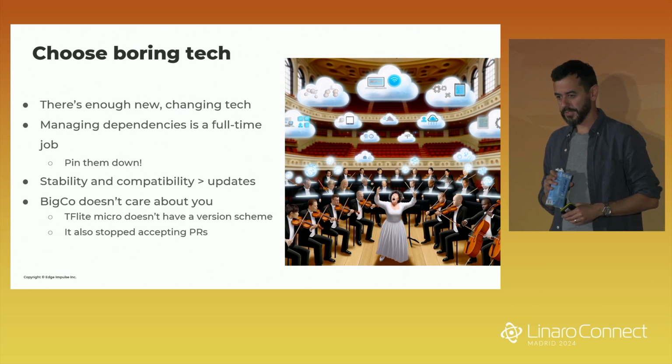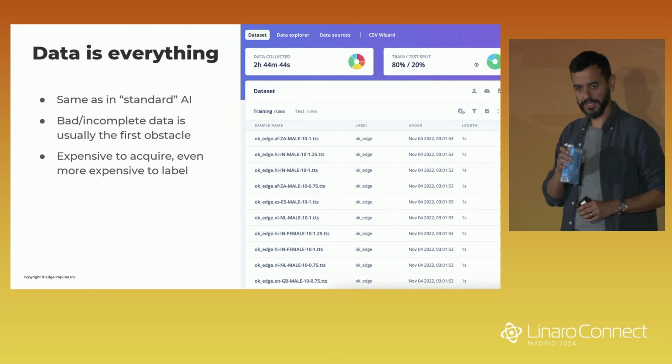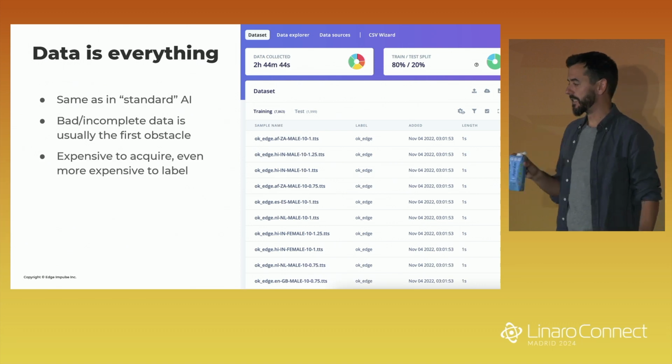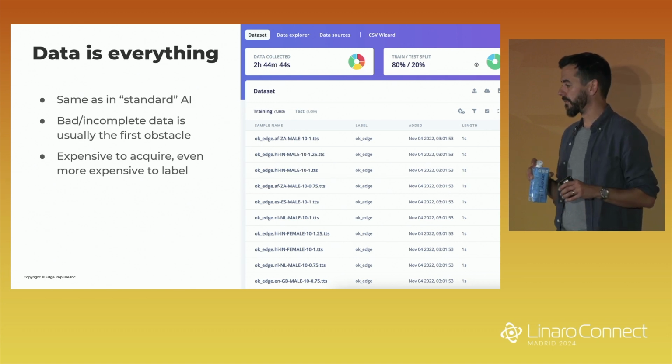I have to wrap up, so I did not do a good job timing this talk. But let me make one last point. Data is everything. Big AI, low AI, edge AI. Data is everything.